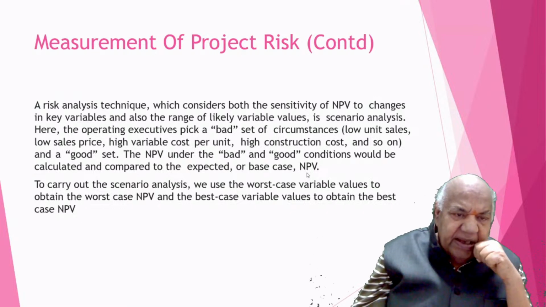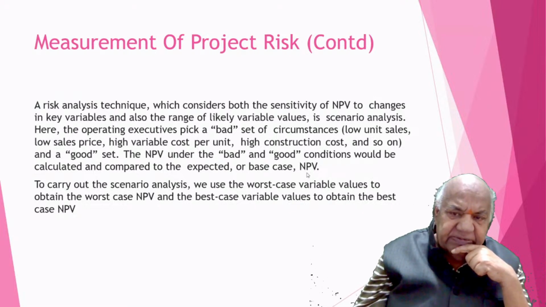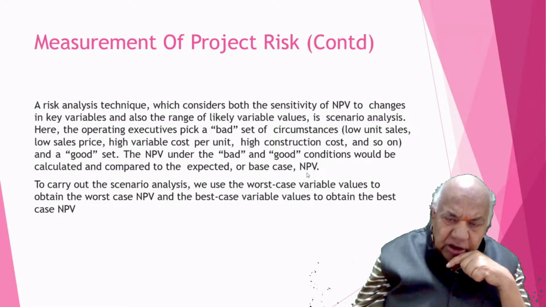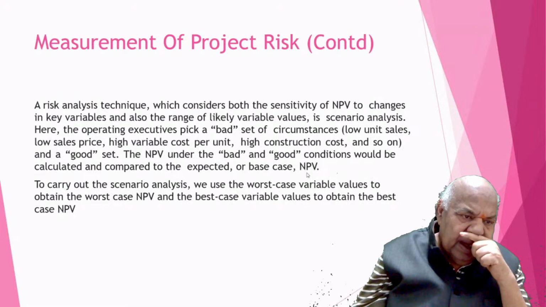Here the operating executives pick a bad set of circumstances: low unit sales, low sales price, high variable cost per unit, high construction cost, and so on, and a good set.